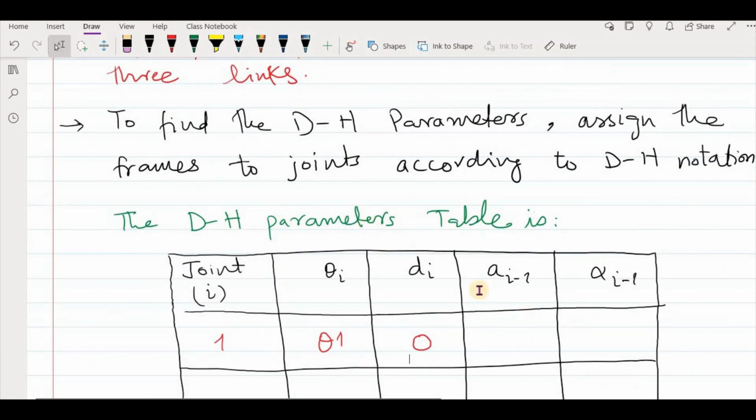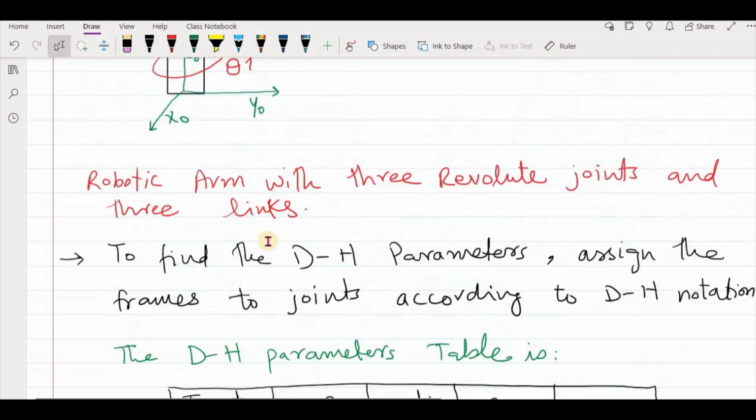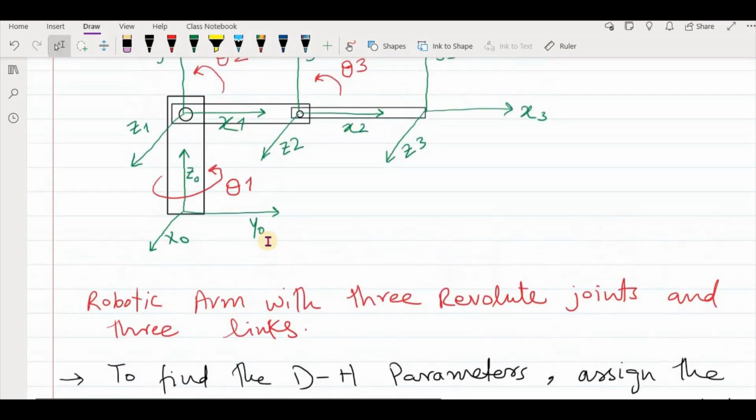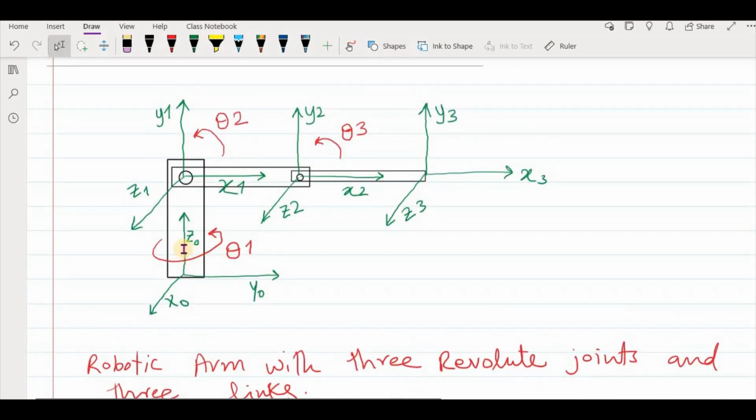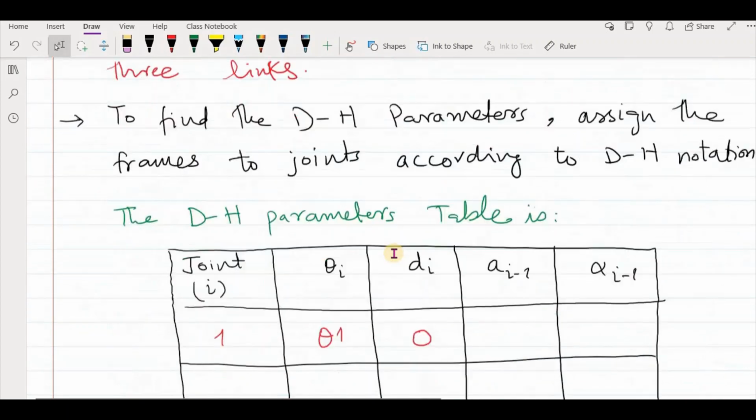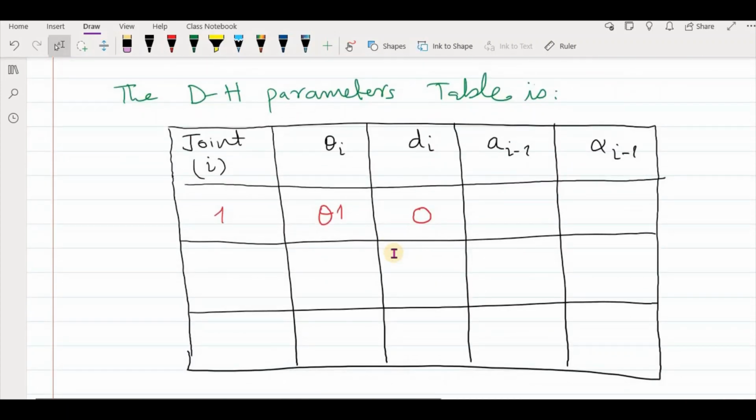Then we have the length A. We described that it's the distance between the z-axis of the previous frame and the z-axis of your current frame, z1. As you can see, these axes are perpendicular to each other, so their length cannot be measured. That is why the link length will be 0.